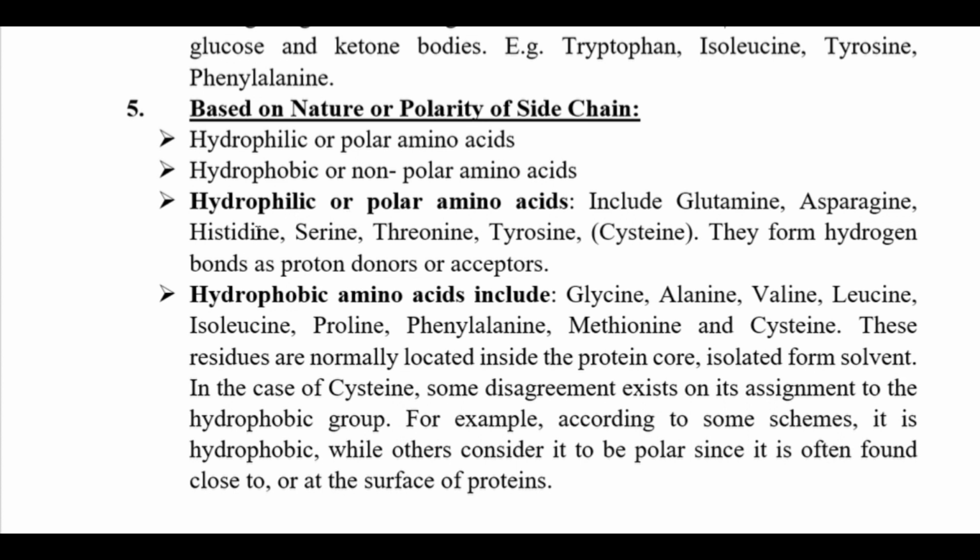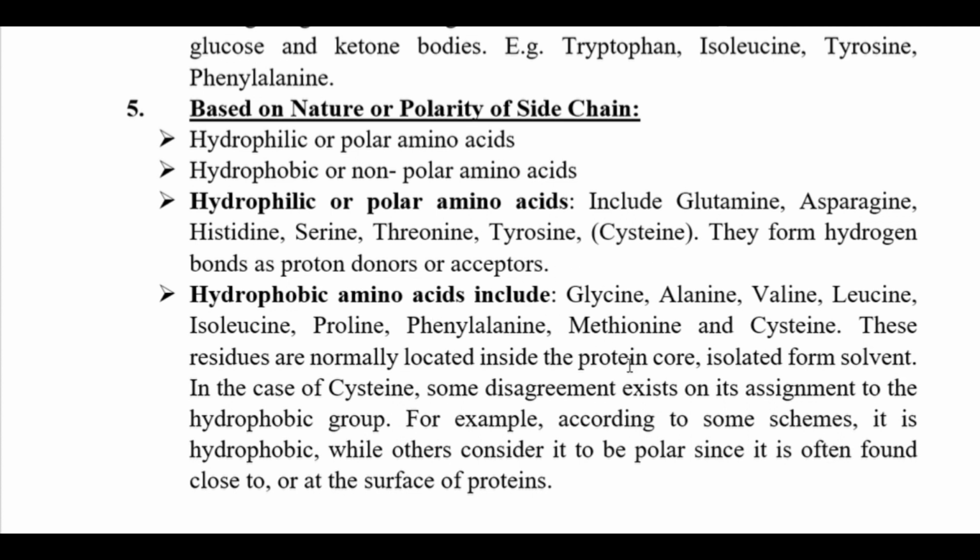Water loving, those that can dissolve in water. Examples: glutamine, asparagine, histidine, serine, threonine, tyrosine, and sometimes cysteine. Cysteine is sometimes classified as hydrophilic, and they form hydrogen bonds as protein donors or acceptors.